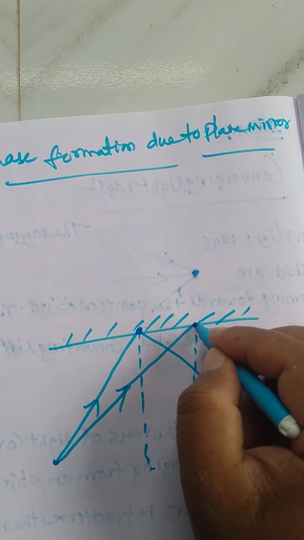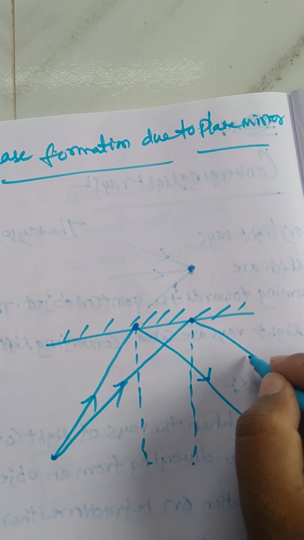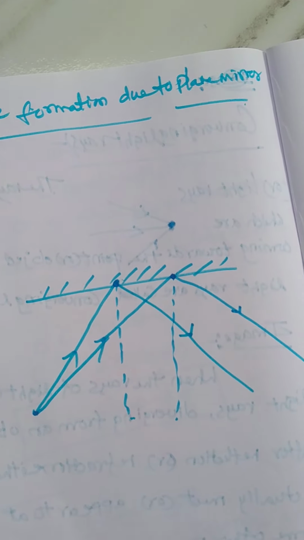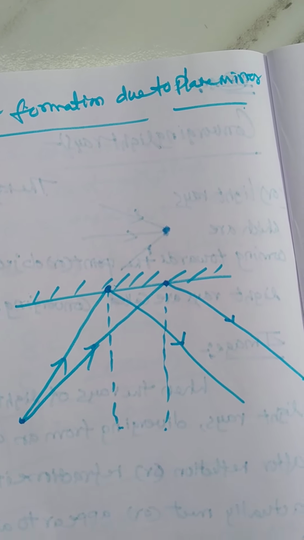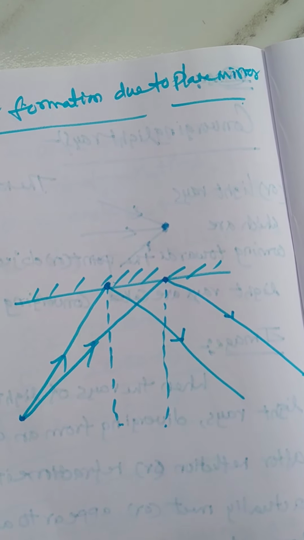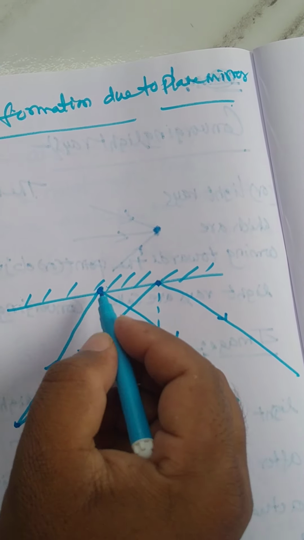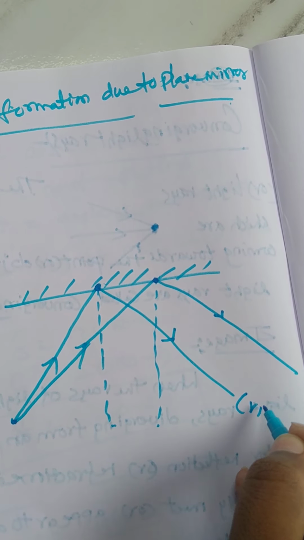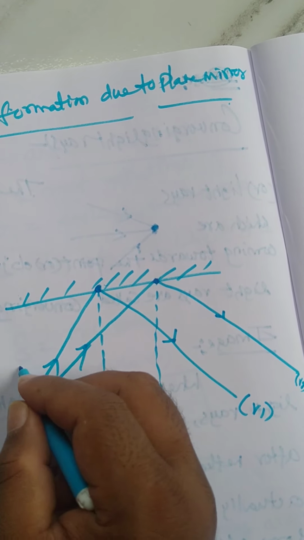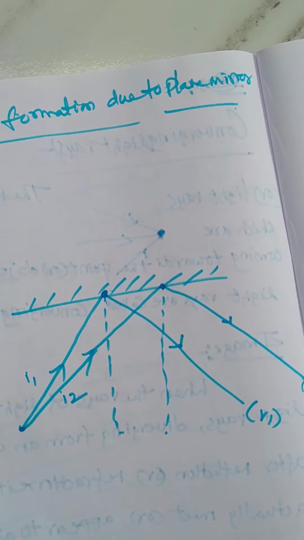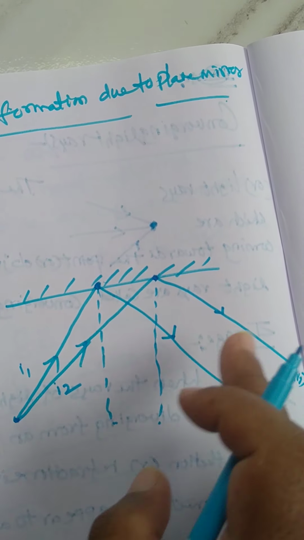Again it will be reflected. I have already told you many times, the intersection of reflected light rays only forms an image. It is a reflected light ray, dear students. This is R1 and R2, and I1 and I2.